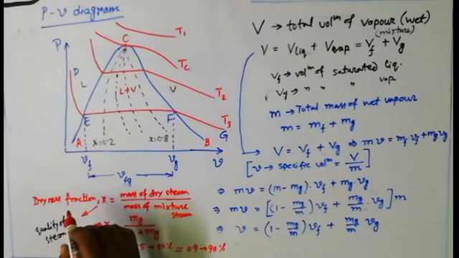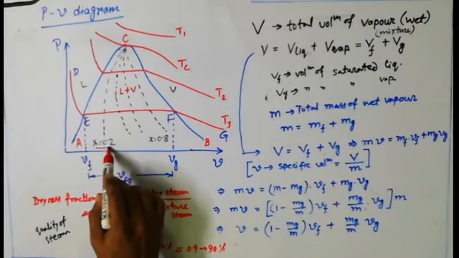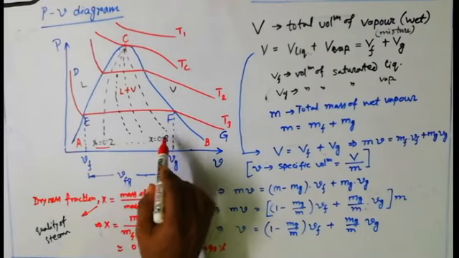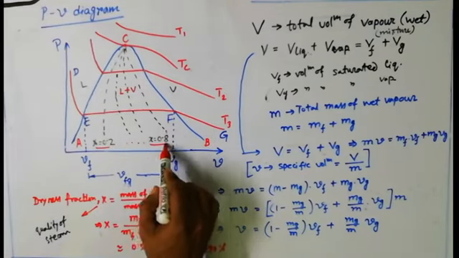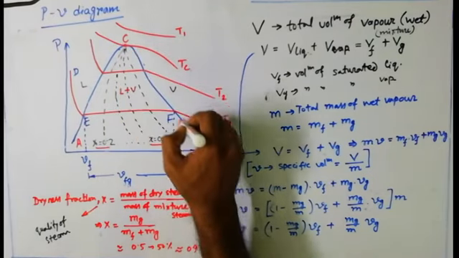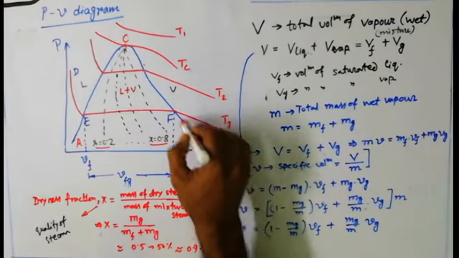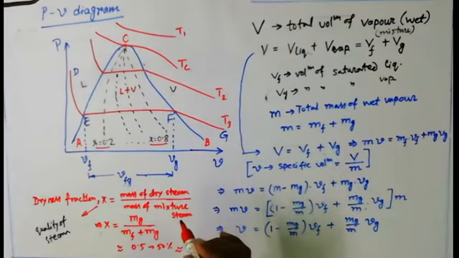And from here you can see in this diagram I have shown that x equals 0.2, and slowly the last curve I have shown is x equals 0.8, and obviously when you reach this particular BC curve, it is a completely dry state point. That line is basically representing a dryness fraction of 1.